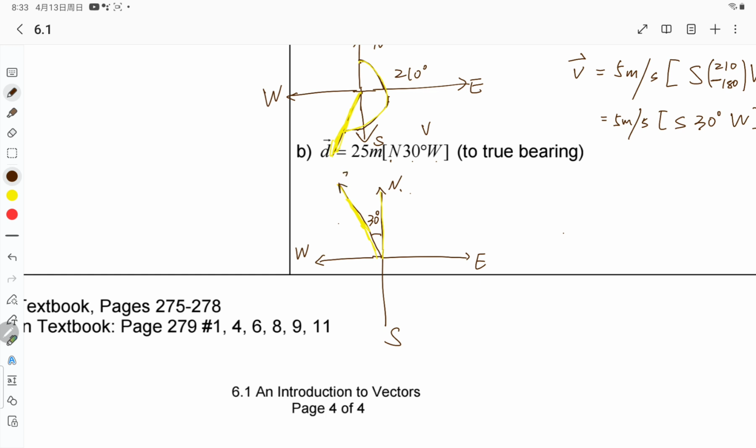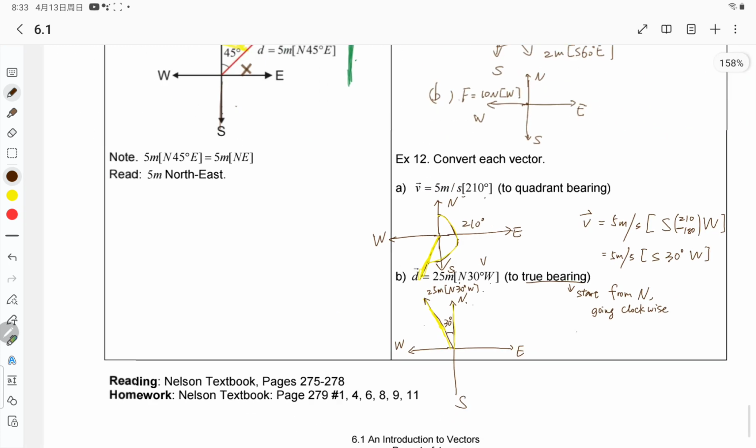So this is 25 meters north. And then the true bearing will just be starting from the north and going clockwise, right?